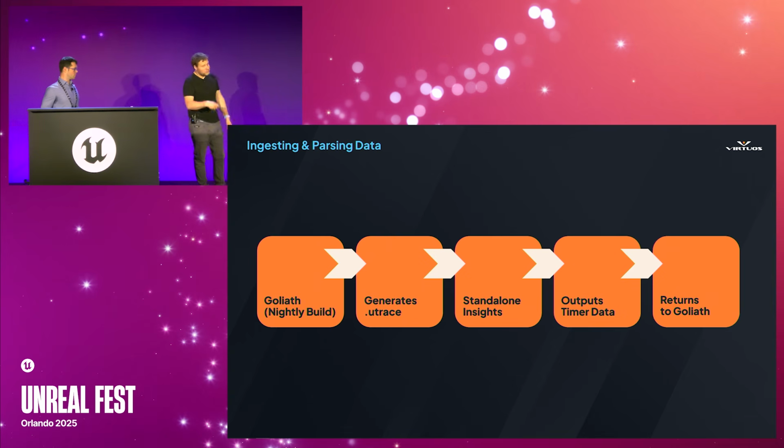Everything from your shadow depth, render velocities, and thousands more. All of that data gets passed back into Goliath as structured metrics. Now, we're not just collecting those snapshots, we're capturing the full breakdown of what the engine was doing at the time of the checkpoint, and effectively turning those huge utraces into thousands of individual timers.